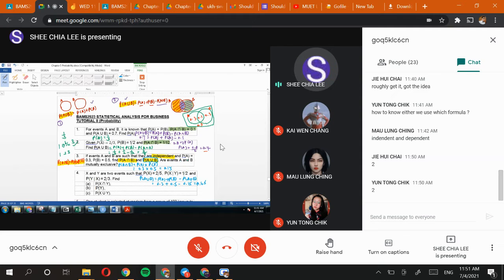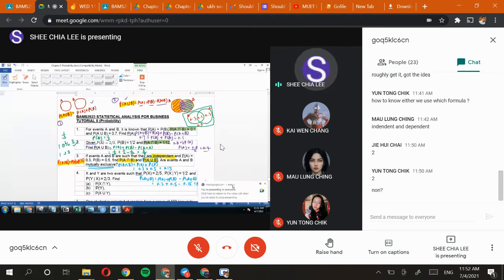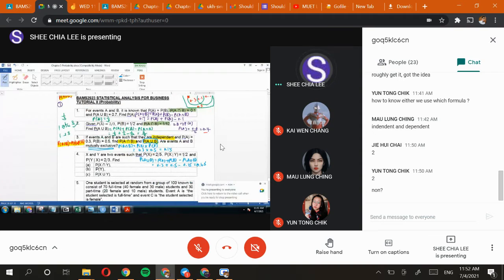And they ask you whether events A and B are mutually exclusive. How do you answer? Mutually exclusive or not? No. Why? Because A intersect B is not 0. Yes, good. So you say non-mutually exclusive. When you say non-mutually exclusive, you no need to write the reason in one paragraph. You just need to support your answer with the calculation, with the figure.